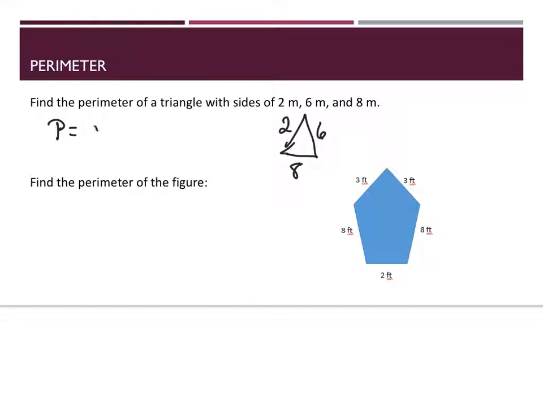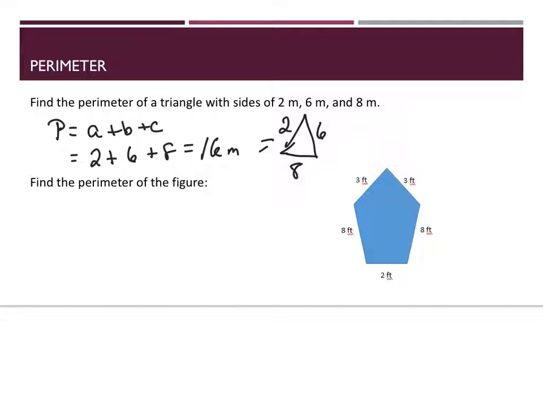The perimeter is A plus B plus C, so you just add up the 3 sides. Doesn't matter which is A and which is B and which is C, because I'm just adding them up anyway. So I still end up with 2 plus 6 plus 8. Either way I go, 2 plus 6 plus 8 is going to equal 16. And in this case, my unit is meters.